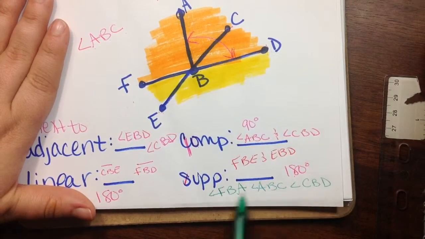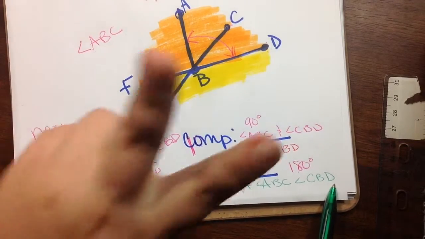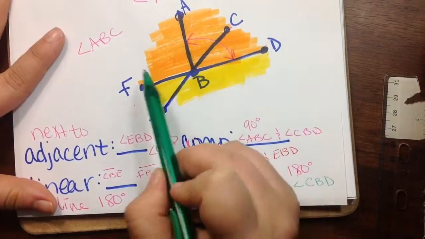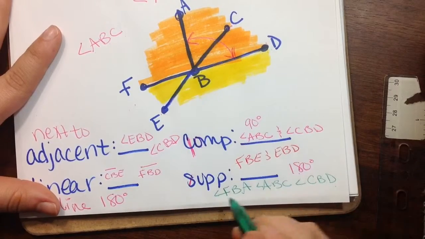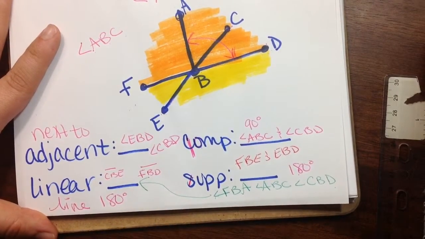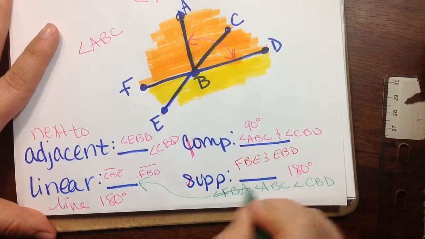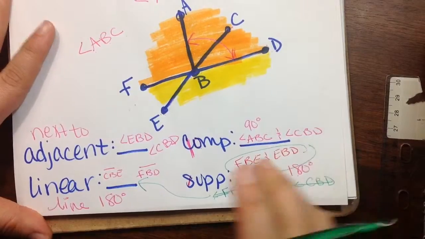However, this would not be supplementary, because supplementary is two angles that equal 180 degrees. This would be three. So this could equal a linear line, but it could not be supplementary because it's three angles. We only need two.